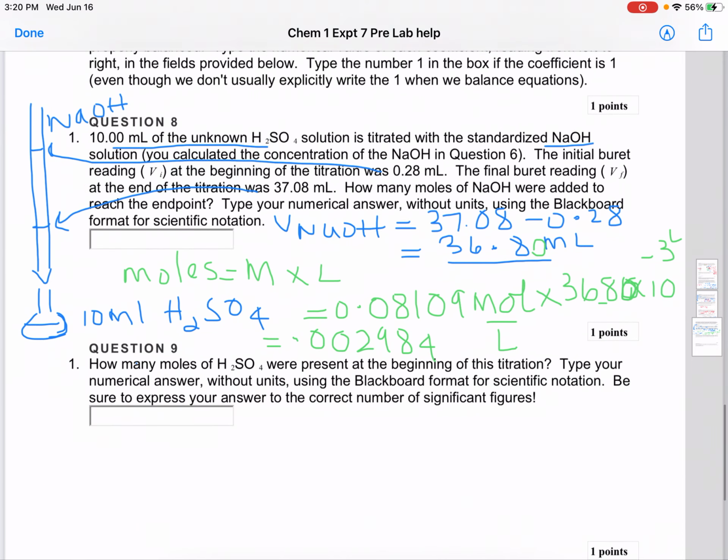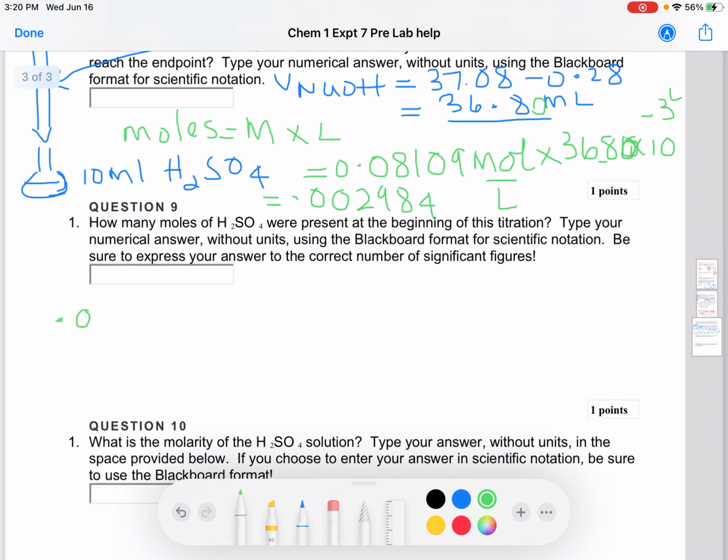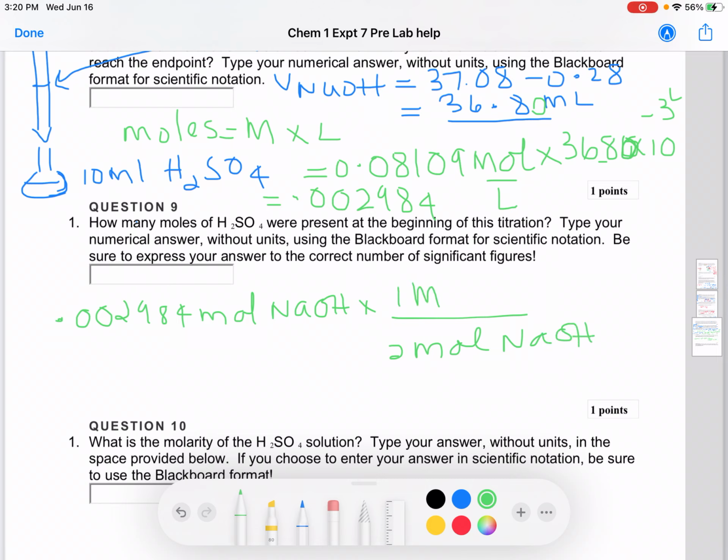So question number 9. 0.002984 moles NaOH, and the molar ratio is 2 moles NaOH react with 1 mole H2SO4.